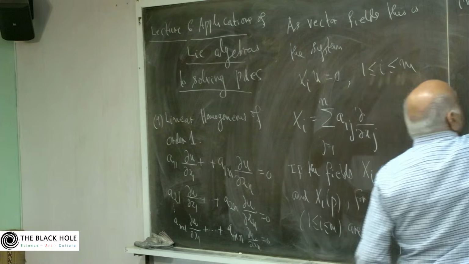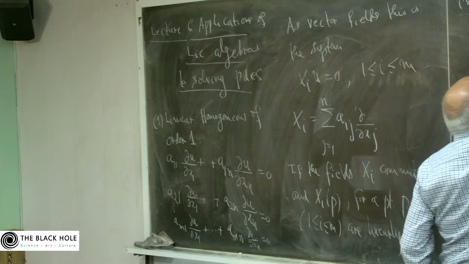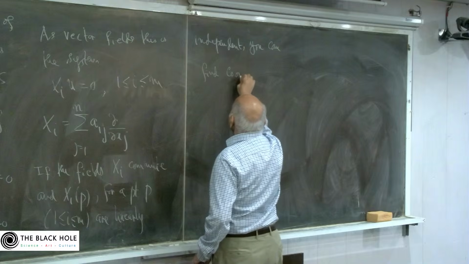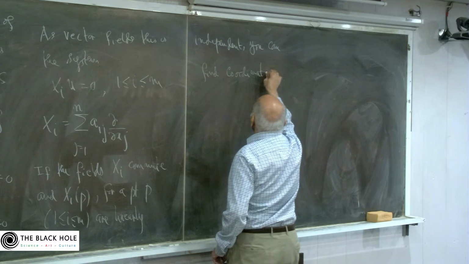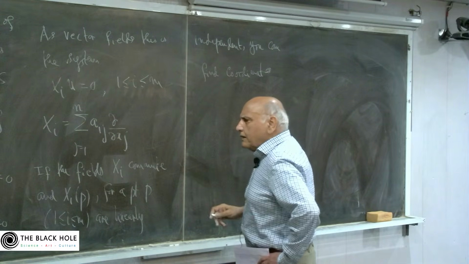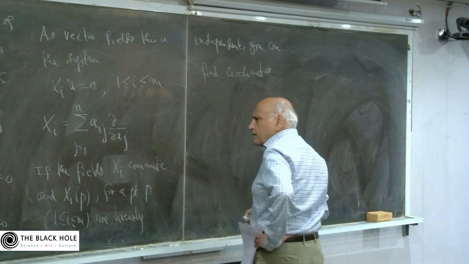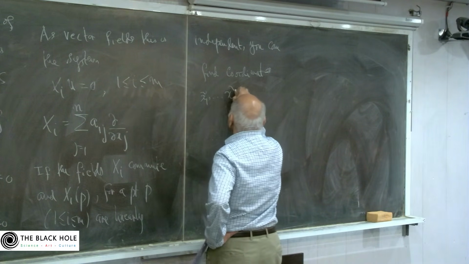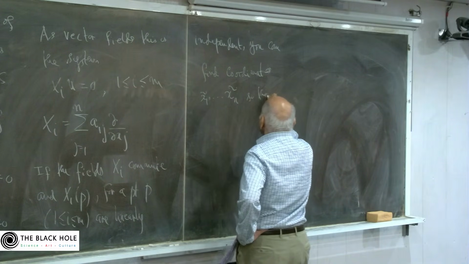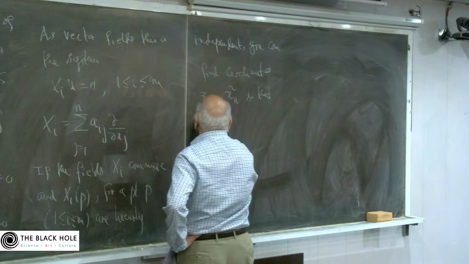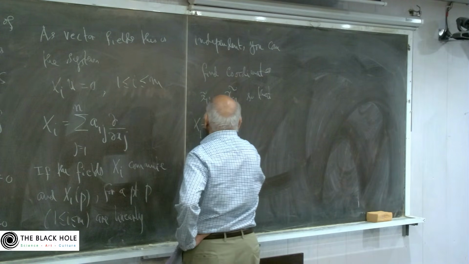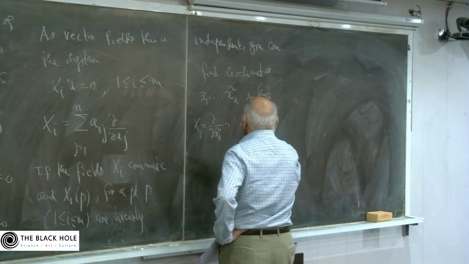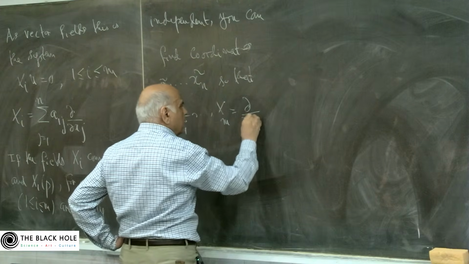you can find coordinates, let's give them some name, x1 tilde up to xn tilde, so that X1 is partial by partial x1 tilde and Xm is partial by partial xm tilde.